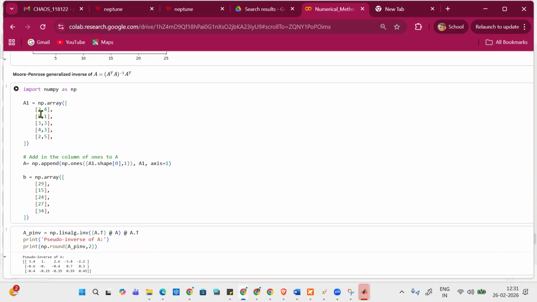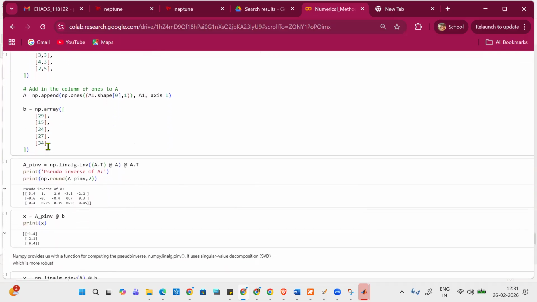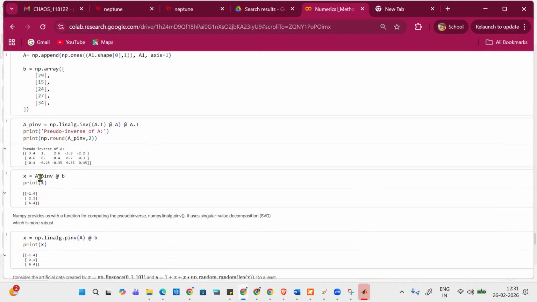The first column is the first basis function. The second column is the second basis function. And this is your B part, which means the Y part, the given data. Y is a function of x1, x2. This is the Y. Okay. What you are doing? You are computing the pseudo inverse here.